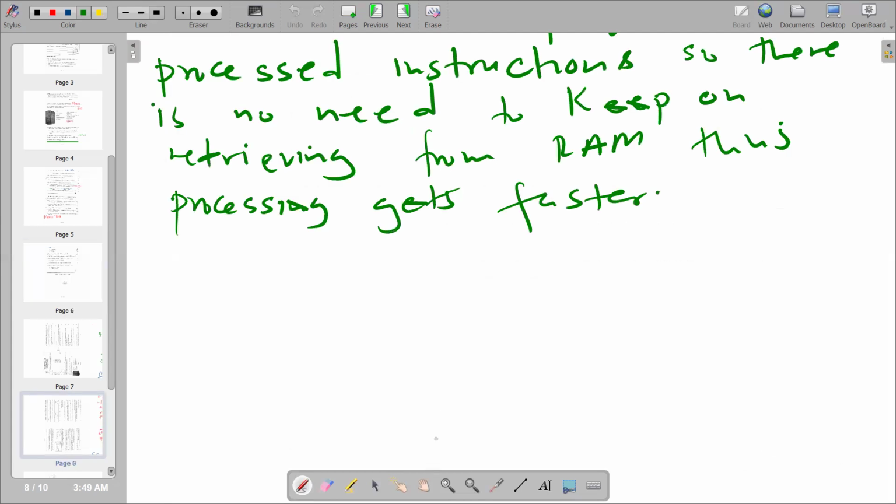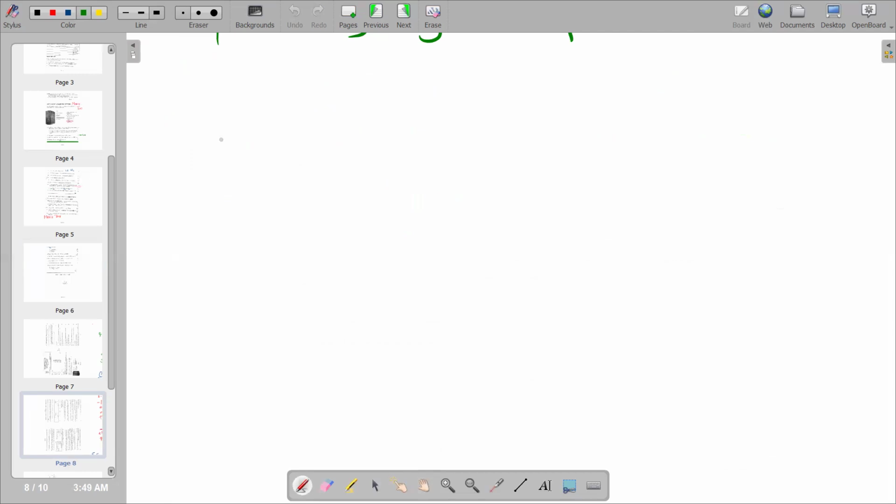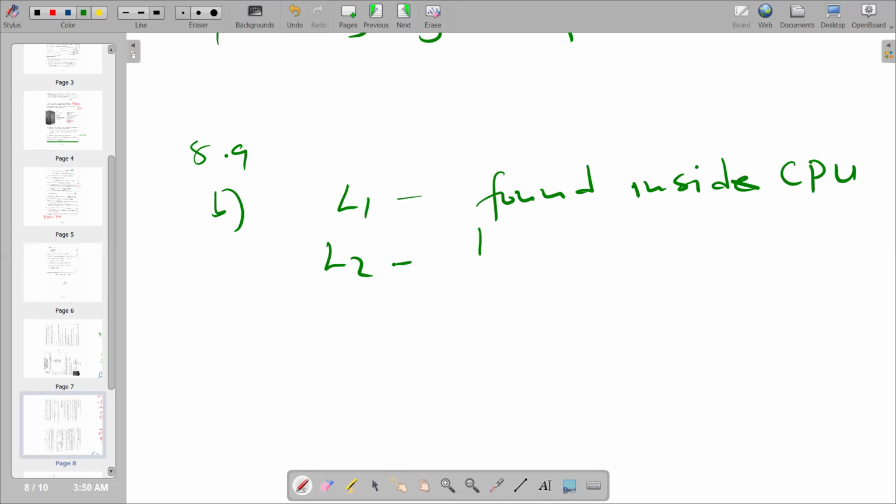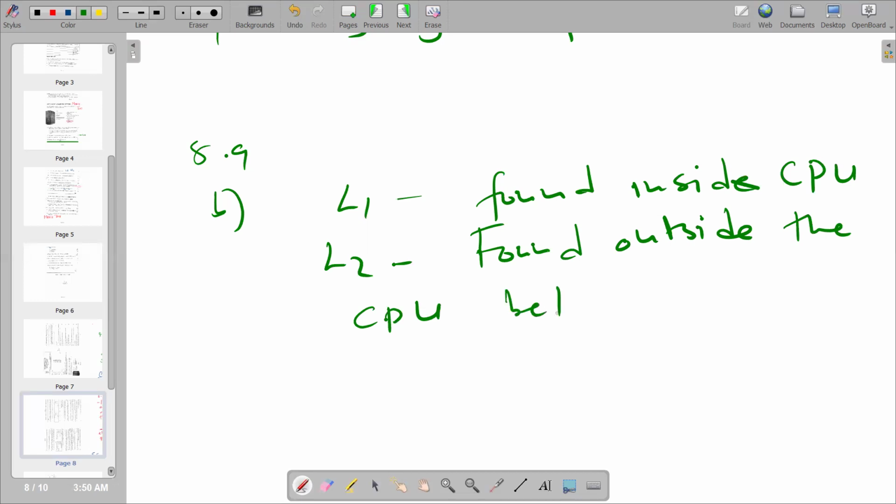So basically, that's exactly what we are going to present in the other section, whereby we are saying 5.9, and this one is part B, whereby we are saying L1 is found inside the CPU, whereby we are saying L2 is found outside the CPU, between CPU and RAM.